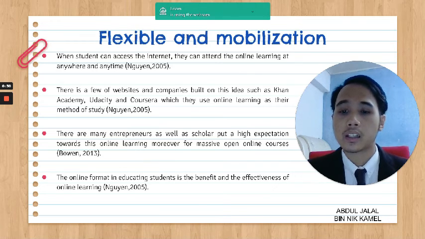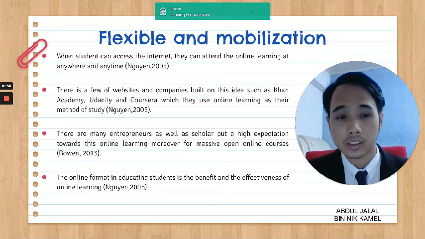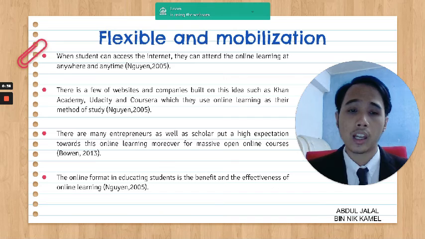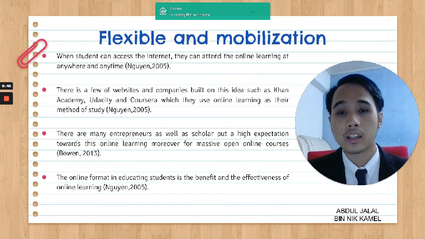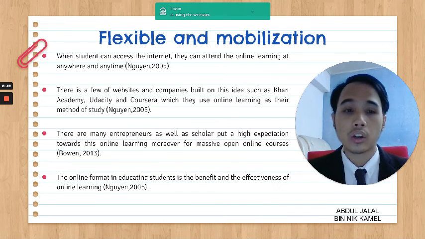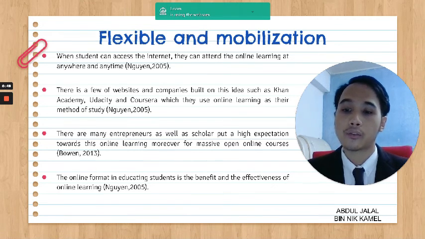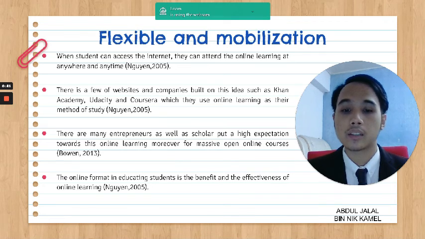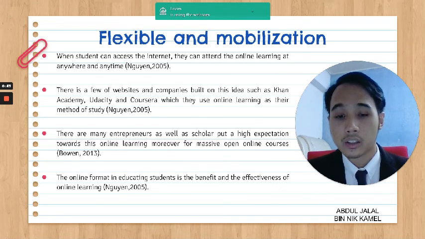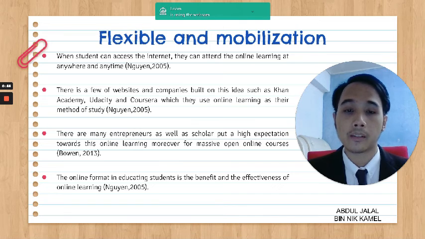Many entrepreneurs as well as scholars have high expectations of online learning, moreover for massive open online courses. This is because online learning is a good way for us to gain knowledge. Thus, the online format of educating students shows the benefit and effectiveness of online learning.